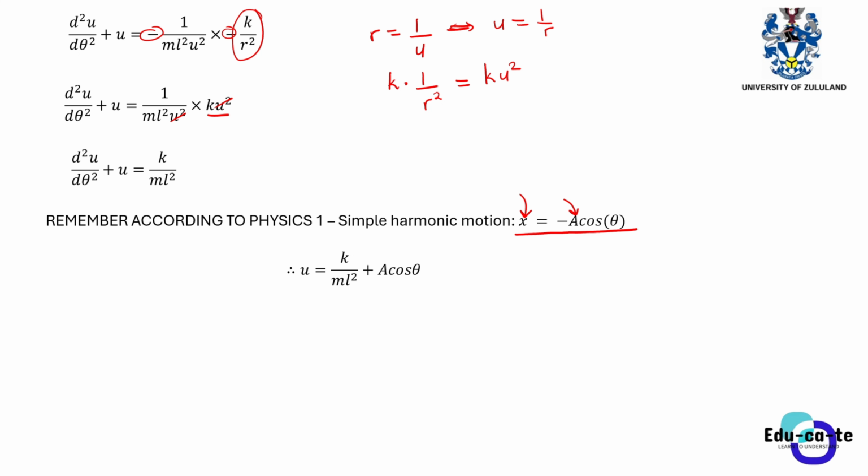So Kepler realized that this equation that we have here is of a similar form to that equation, in the sense that d squared u over d theta squared can actually be equal to the displacement. So we can say the second derivative of u with respect to theta, which is just d squared u over d theta squared, is equal to x.